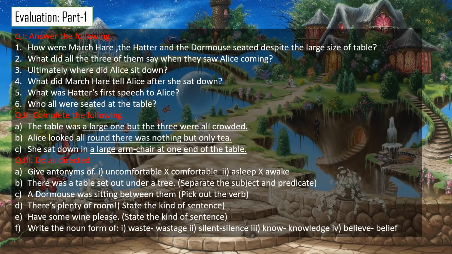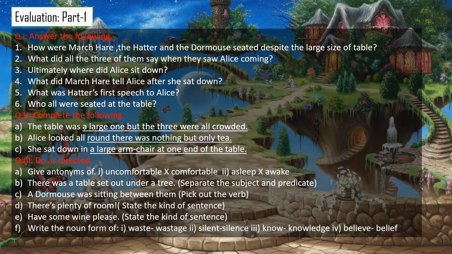Evaluation, Part 1. A Mad Tea Party. Answer the following. First, how were the March Hare, the Hatter, and the Dormouse seated despite the large size of the table? Answer: Although the table was a large one, all three of them were crowded together at one corner of the table.